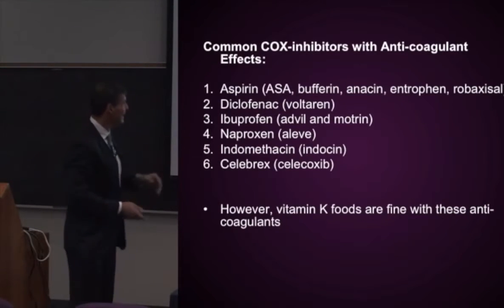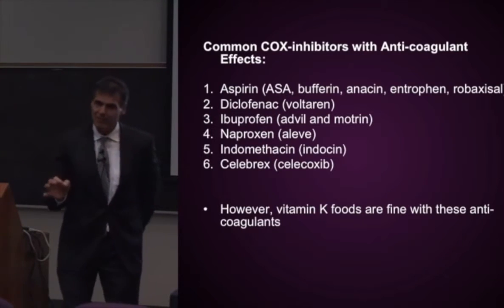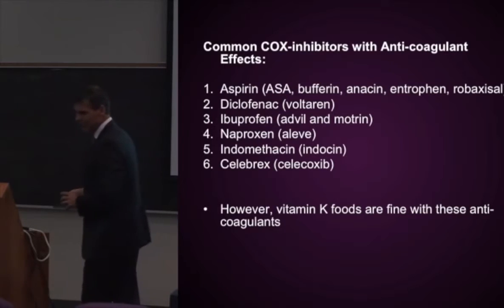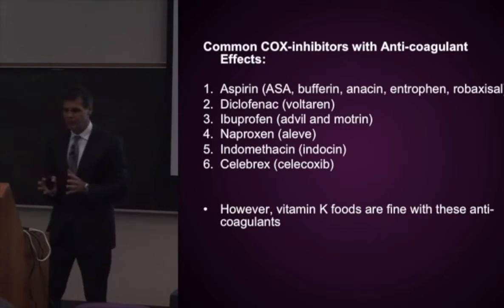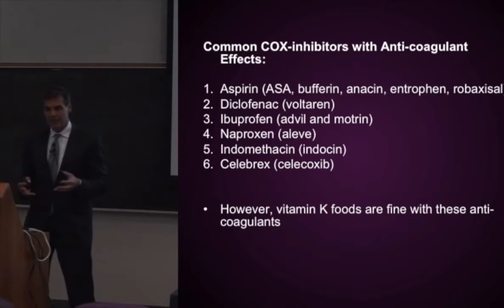As we wind down now, this is the last slide, what I want you to know is that the same supplements that potentiate the effects of warfarin also potentiate the anticoagulant effects of Plavix, and also COX inhibitors or cyclooxygenase inhibitors such as aspirin, ibuprofen, Voltaren. It's the same precautions.